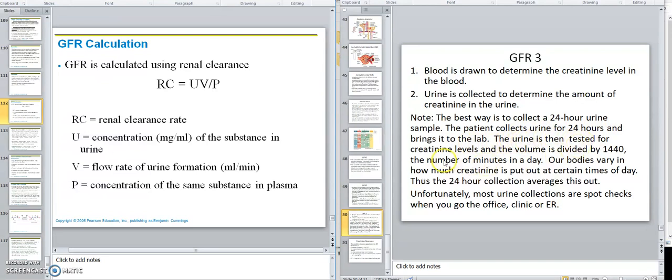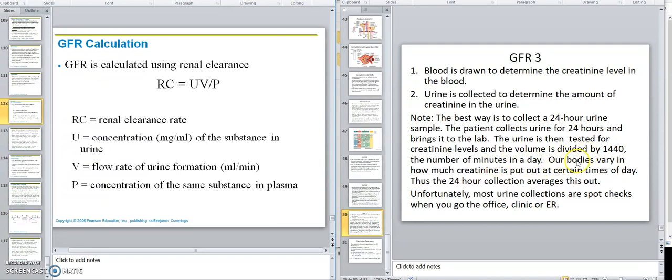The urine is then tested for creatinine levels, in other words, the concentration of creatinine, and the volume over the 24 hours is divided by 1440. They'll measure the volume, divide it, and that's the number of minutes in the day. So when you do that, you'll get it in milliliters per minute.